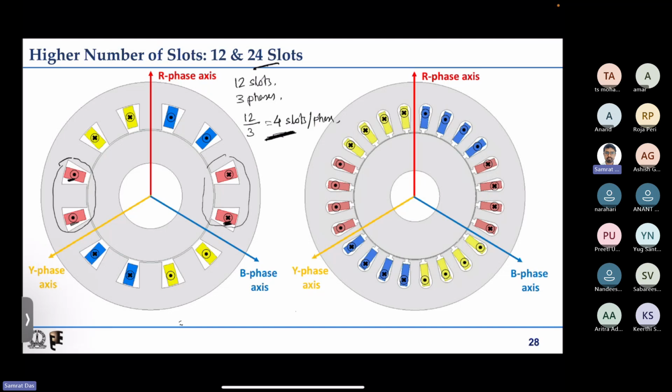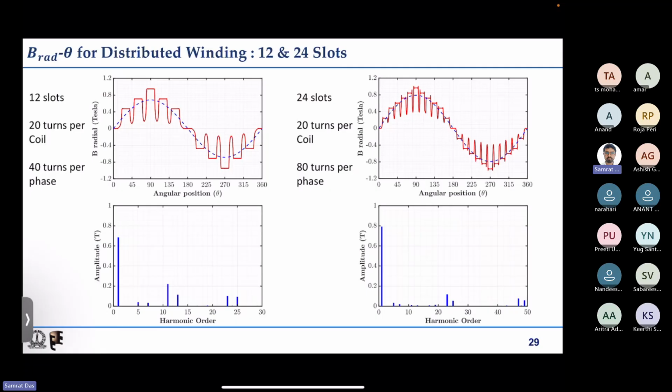Here the four side by side slots form a kind of band, adding up to a net dot, and we have the same R phase axis as the previous case. We can distribute the other phases in the same manner, and we will briefly look at the impact of that.